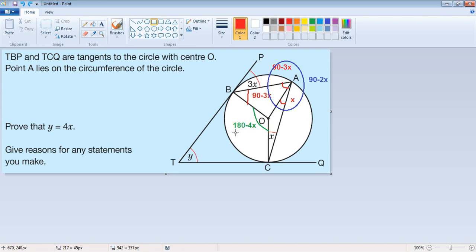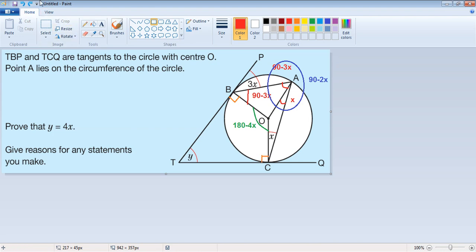Well, now I'm inside the quadrilateral. So since we are inside the quadrilateral, we can use the properties of the tangents. Tangents are always going to create 90 degrees with the center of the circle. So we have 90 degrees here, we have also 90 degrees here.